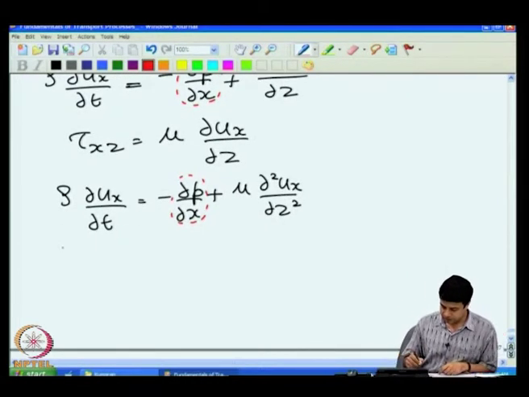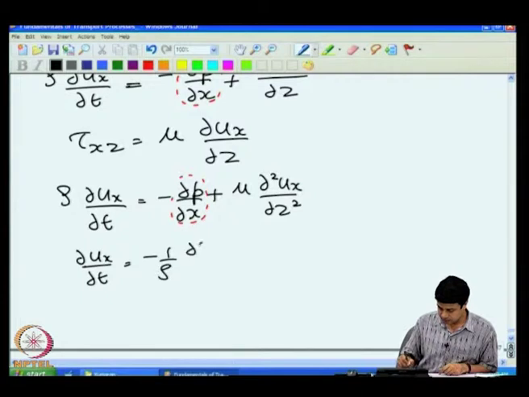I could also write this in terms of the kinematic viscosity: dux by dt is equal to minus 1 over rho dp by dx plus the kinematic viscosity d square ux by dz square.